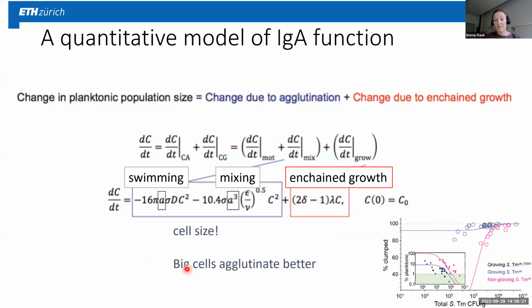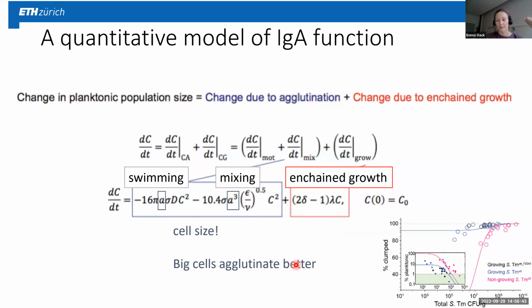The other parameter that's interesting here is cell size. So our salmonella are all pretty much the same size, but if you start to think about other pathogens and how agglutination can work, for example, with viruses, here we have cell size cubed, right? So this can be a very, very big effect on turbulent mixing driven classical agglutination.